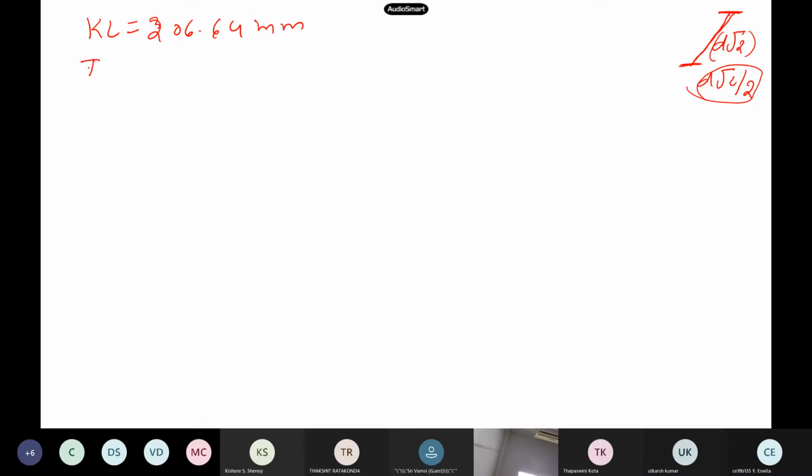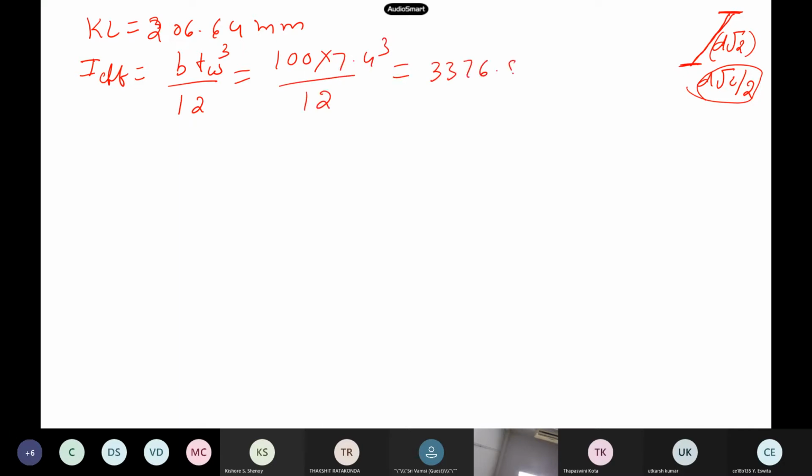Now the moment of inertia you have to find out, which is bh cube by 12, as for a rectangular flat. So this is 100 into 7.4 cube by 12, which is 3376.86 mm to the power of 4.